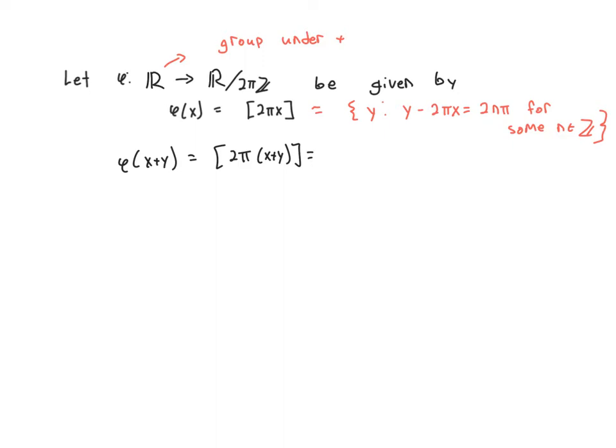Phi of x plus y is the equivalence class of 2 pi times x plus y. Multiplication is distributive. The equivalence class of the sum is the sum of the equivalence classes. And so we get phi of x plus phi of y. So this is a homomorphism.